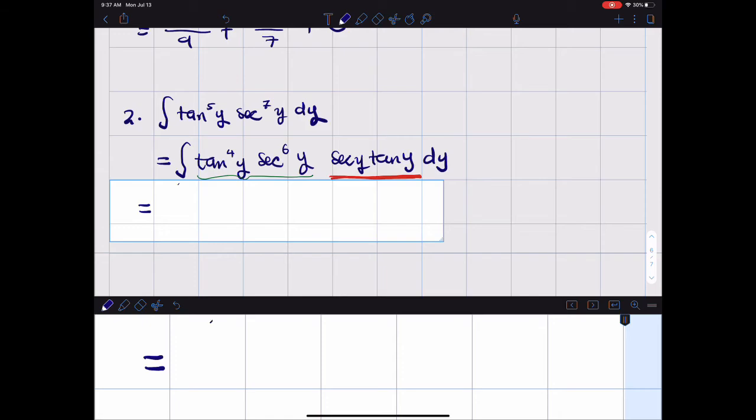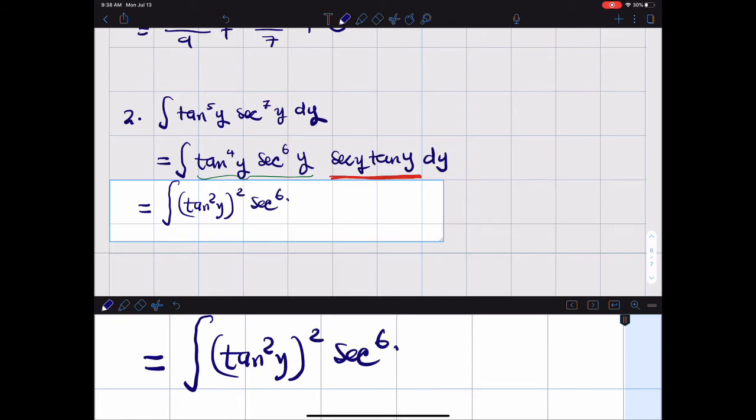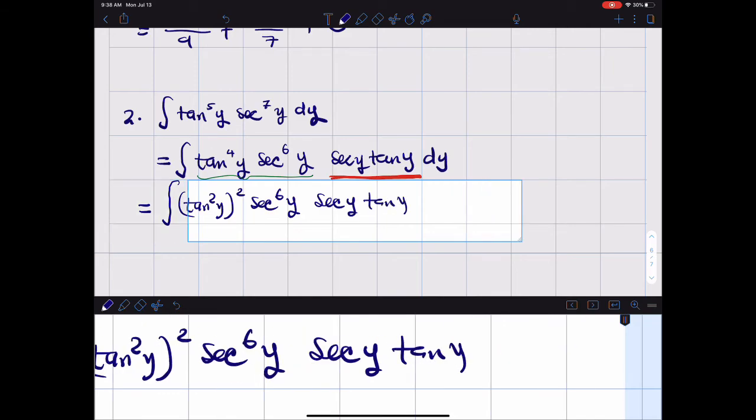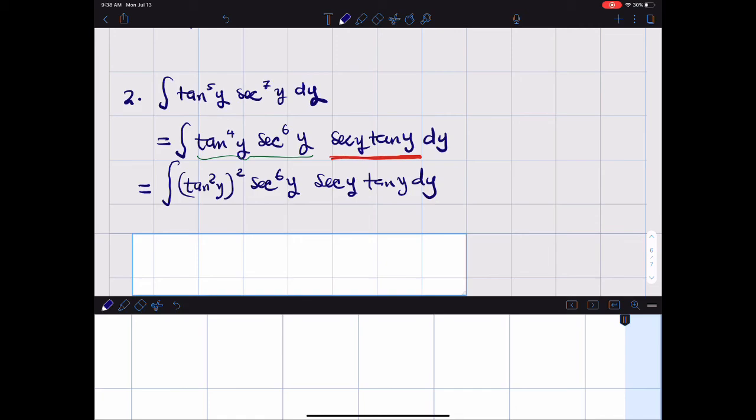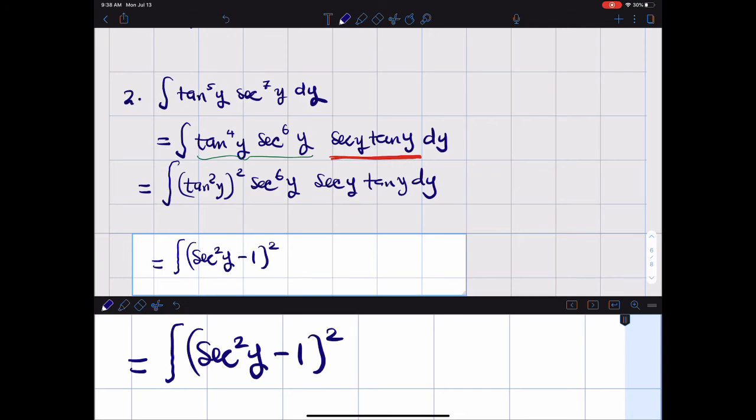What am I trying to do here? All right, tangent to the power of 4 can be written as tangent squared y squared, times secant to the power of 6 y, times secant y tangent y dy. So then we can write tangent squared y as secant squared y minus 1, squared. That should be obvious by now.